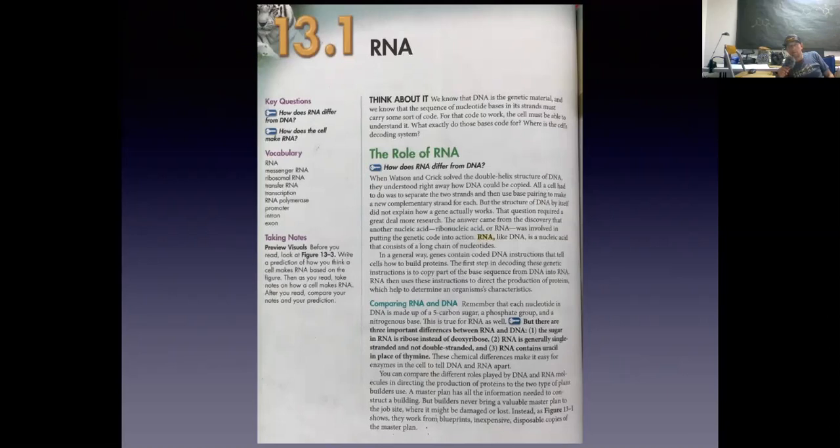Remember in chapter 2 at the beginning of the year, we talked about the four macromolecules of life: proteins, lipids, carbohydrates, and the fourth one, nucleic acids. This is a huge molecule, a gigantic polymer thousands, millions of nucleotides long.